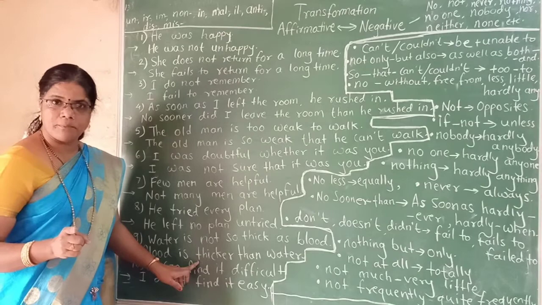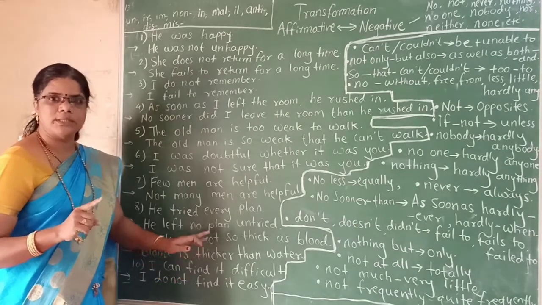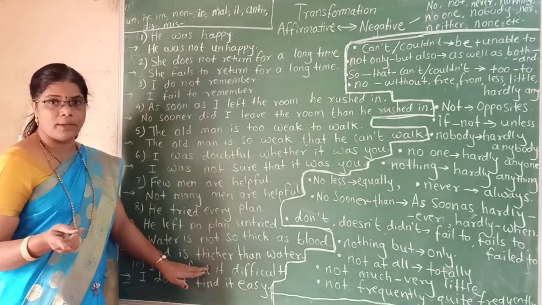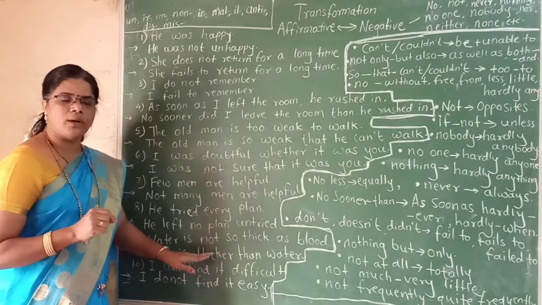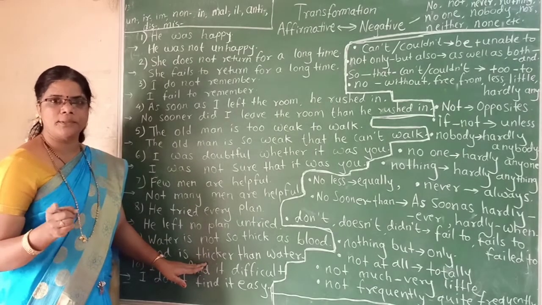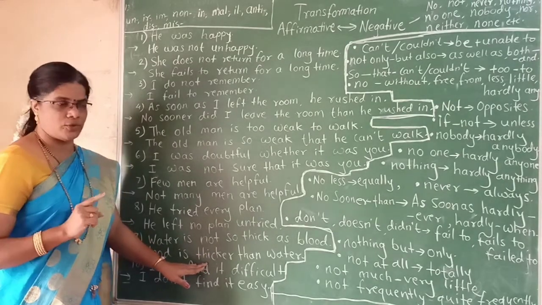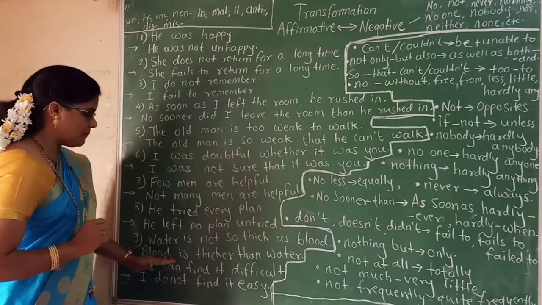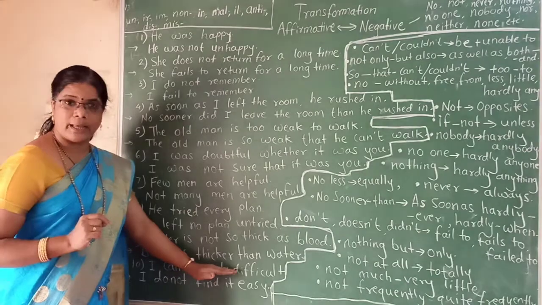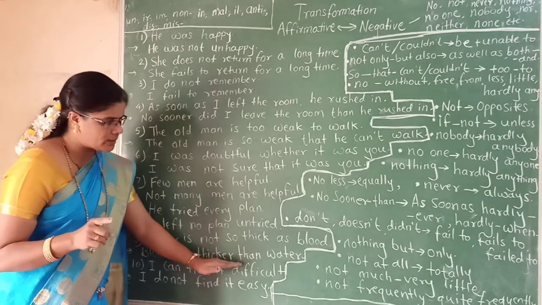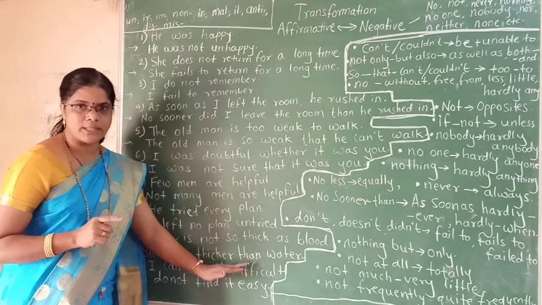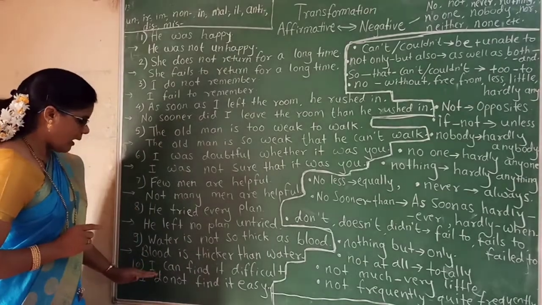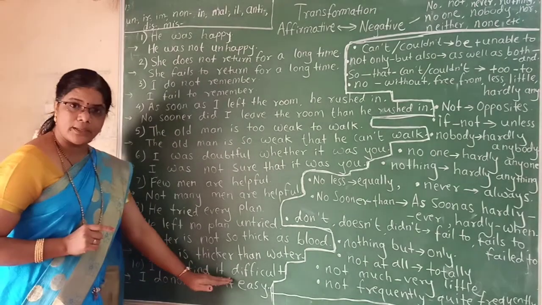Meaning remains the same, but "not" removed means the negative sentence changed to affirmative. So if you want to know about positive degree and comparative degree, then you have to watch that video also. Water is not so thick as blood. Blood is thicker than water, comparative degree. Meaning remains the same.